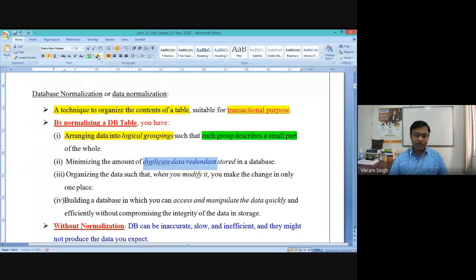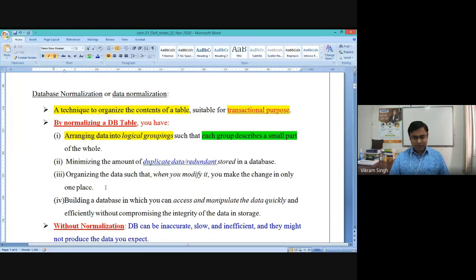Whenever we perform normalization, it is always to reduce these duplicate or redundant copies of the data, because this is what we face. When we create the database and upload the data values, there is a possibility that we have duplicate or multiple copies of the same data values of the same attribute. So the very first purpose of normalization is to remove these values.